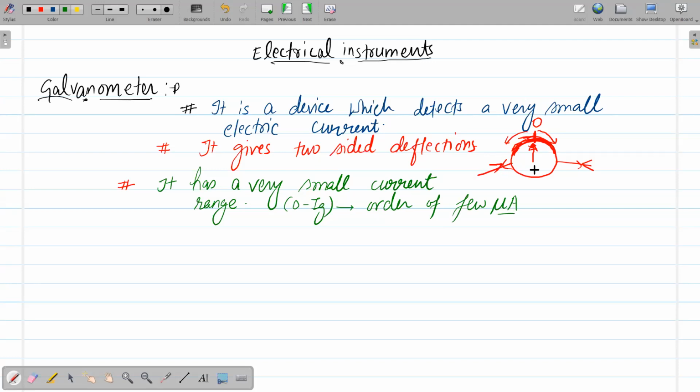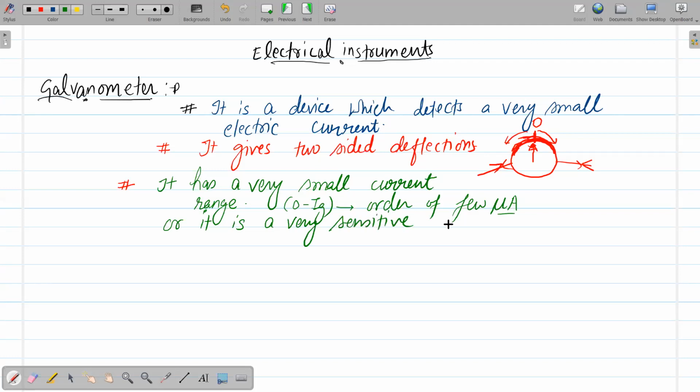If a large amount of current is passed, this galvanometer device will not work, it will get damaged, right? So it has a very small current range, or we can say it is a very sensitive device.